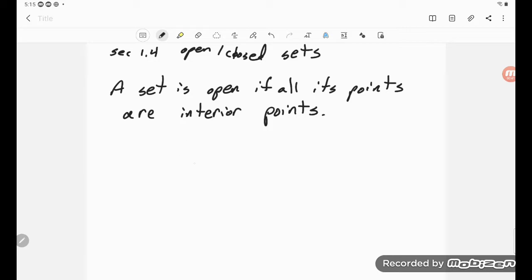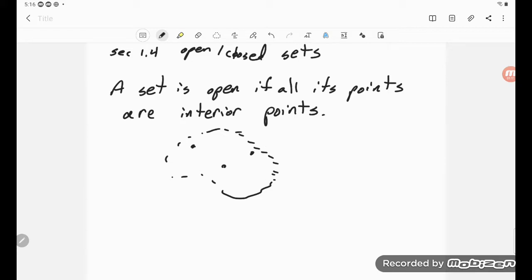So pretty much the idea here is, whoops. Well, that's supposed to be dots there. I got a little careless. If I pick any point in here, it's an interior point, and I'm not going to pick anything on the boundary.